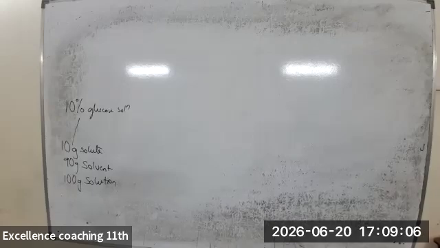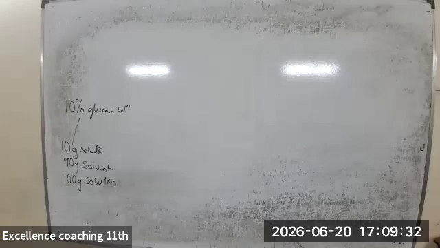It says our glucose solution is 10%, right? I thought last time I taught you all mass percent problems. So when I say 10%, what information do you get? Solute will be 10 grams. Now here, this also is important: weight by weight.